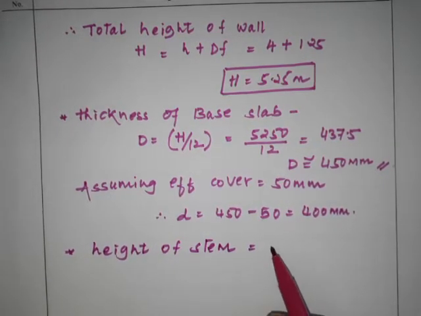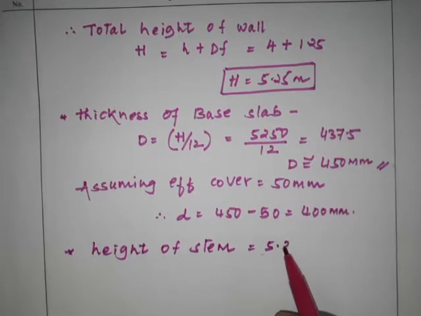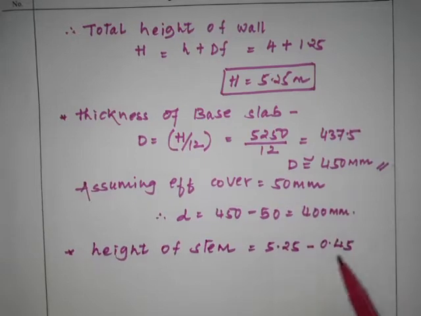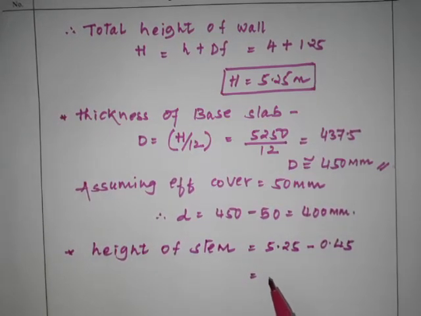Height of stem is, so total height is 5.25 minus depth of base slab 0.45, so we will get the height of stem as 4.8 meter. Okay, the vertical portion of the wall, that is called as stem, and height of that we got as 4.8 meter. Understood?